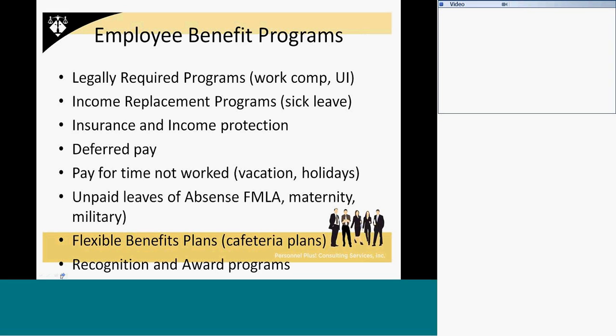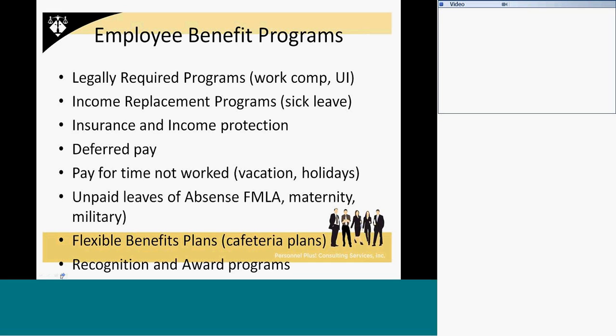The term cafeteria plan describes a scenario where there's a variety of benefits available to people, and they basically choose those that are of value to them personally. So, for example, if you have a younger employee who's married and has a kid, the things that are important to that person probably are low out-of-pocket expense if they incur a health care situation.